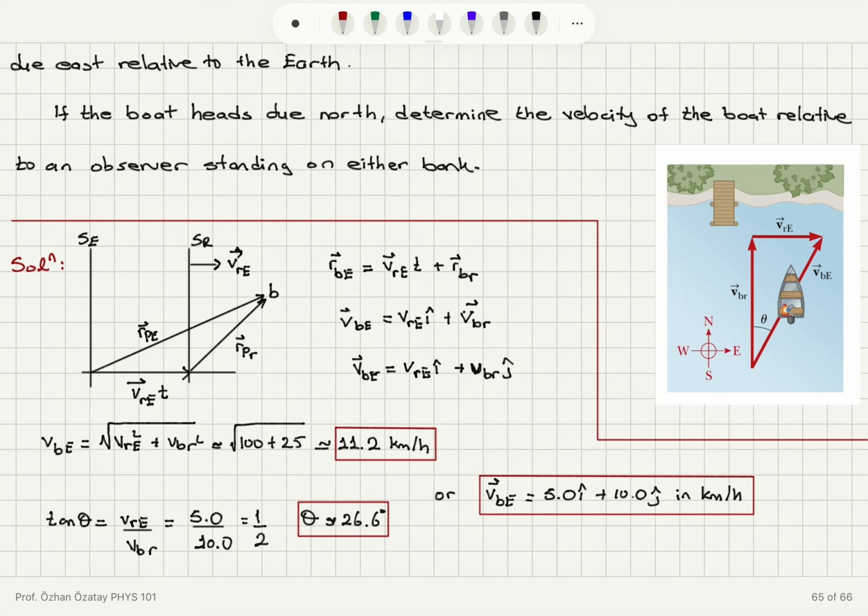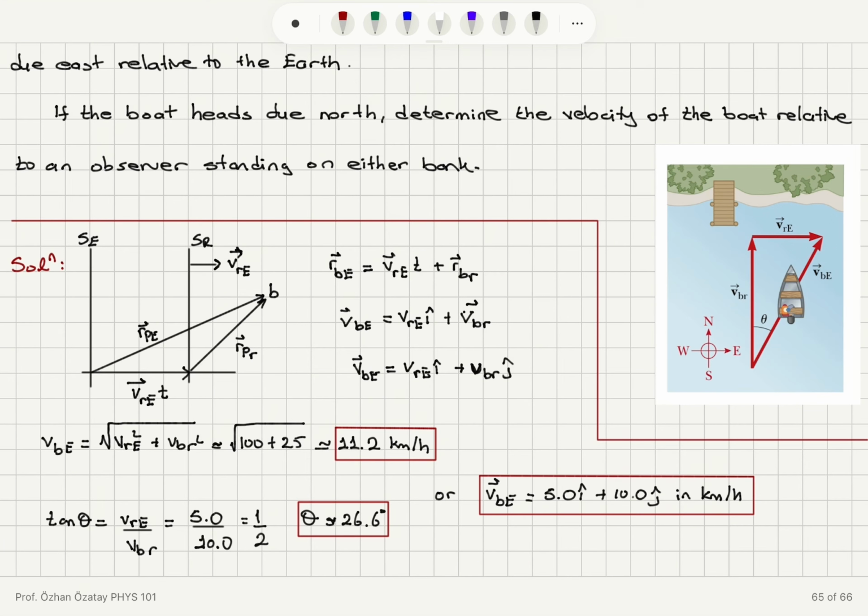Okay, so if you plug in the numbers, the speed of the boat with respect to the earth will be square root of VRE square plus VBR square. Remember that the river is moving with respect to earth at 10 kilometers per hour, so its square is 100, and the boat is moving with respect to the river at 5 kilometers per hour.